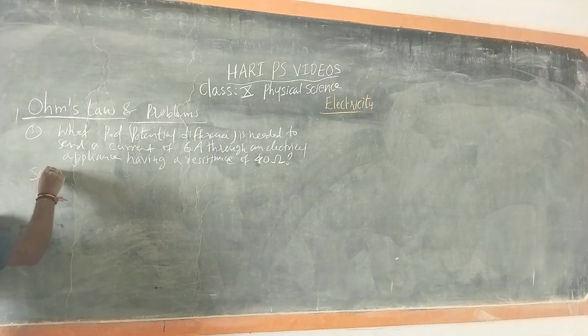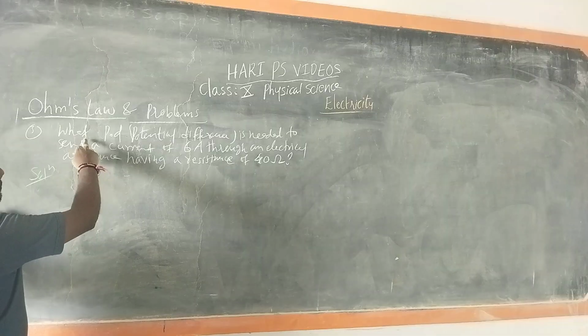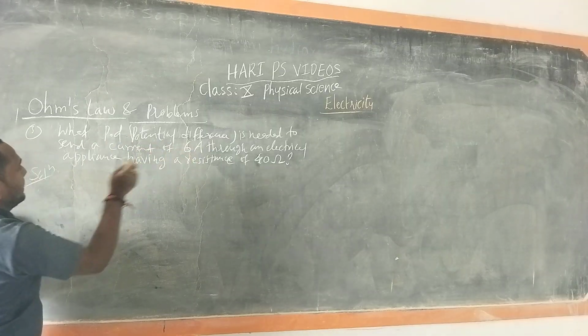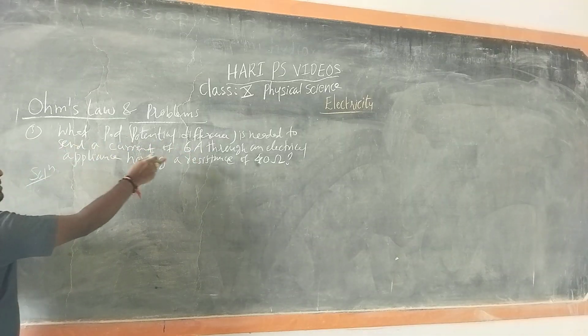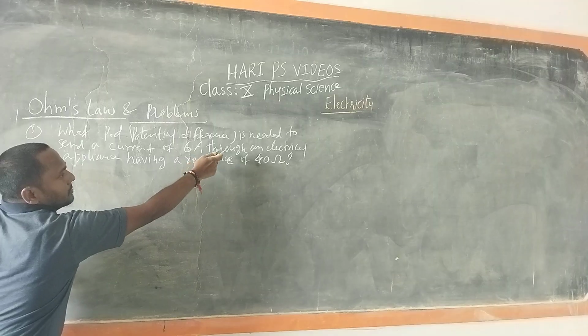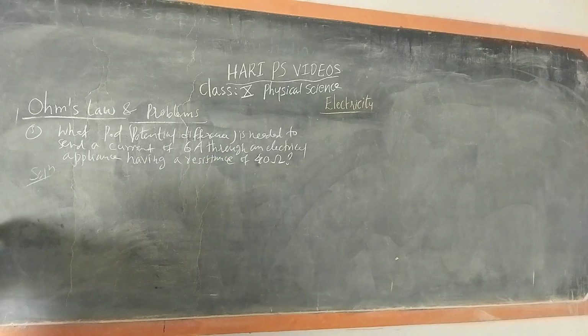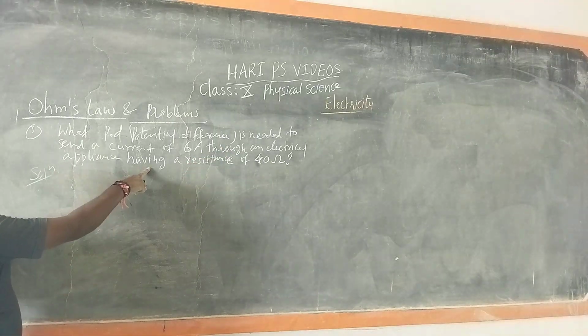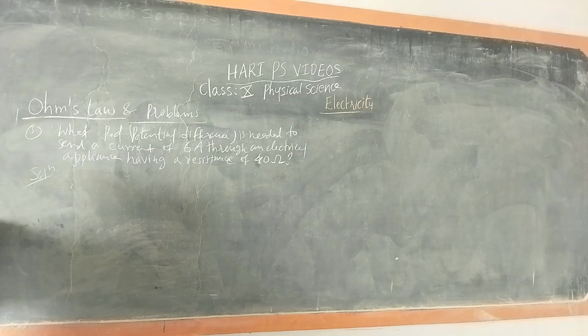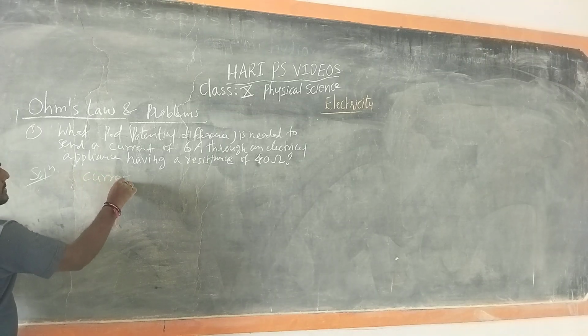So solution: what potential difference is needed to send a current of 6 ampere through an electrical appliance having a resistance of 40 ohms? First, how much current is given?